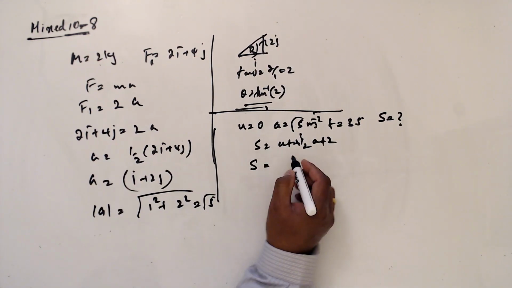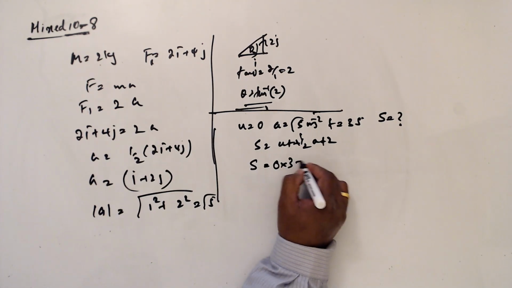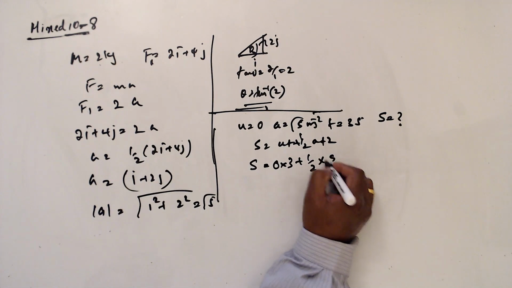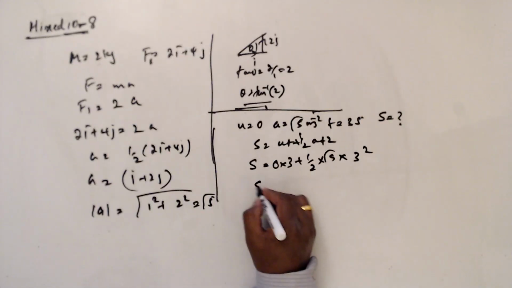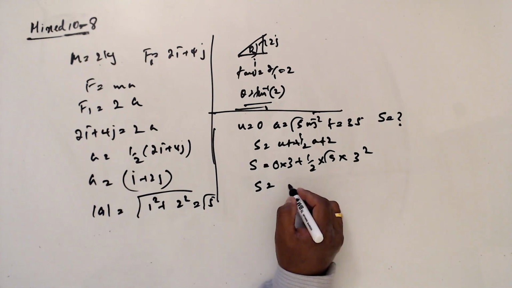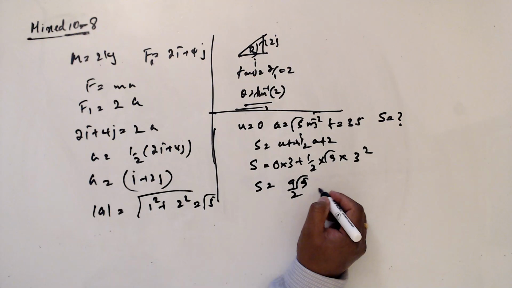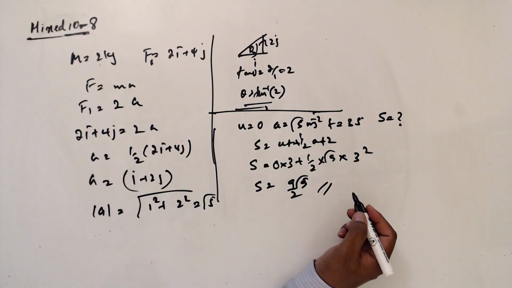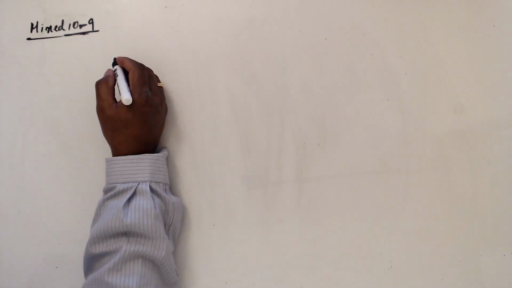So s is 0 times 3 plus half times square root 5 times 3 squared, which equals 9 over 2 times square root 5 meters. Question number 9.